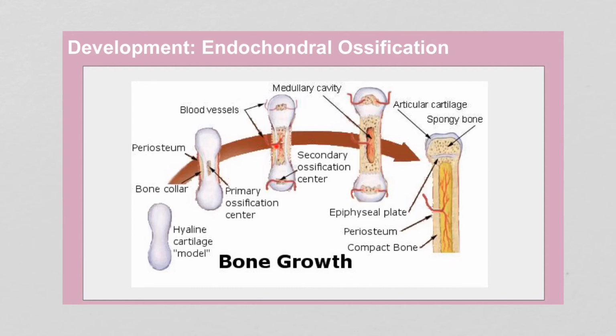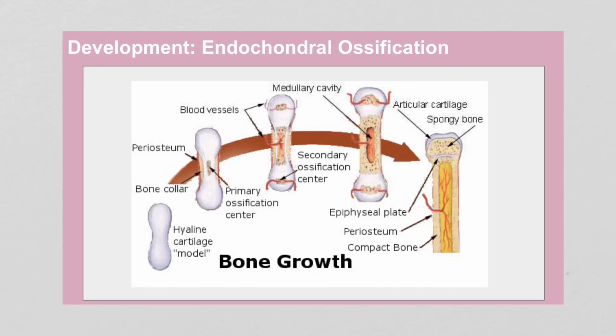We're going to get blood vessels working their way into the bone to nourish the inner parts of the bone. And also at the same time, we're going to have secondary ossification centers form. An ossification center, remember, is just where we get that kind of bone development happening. Okay?